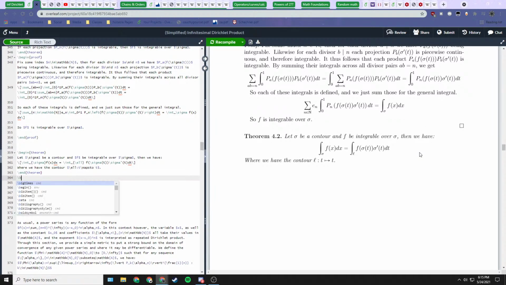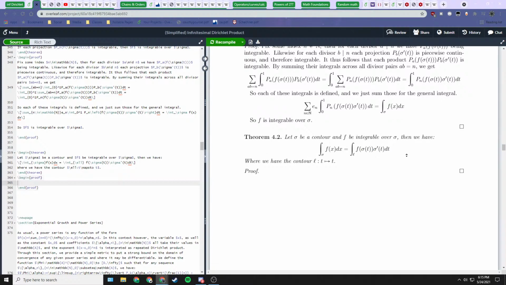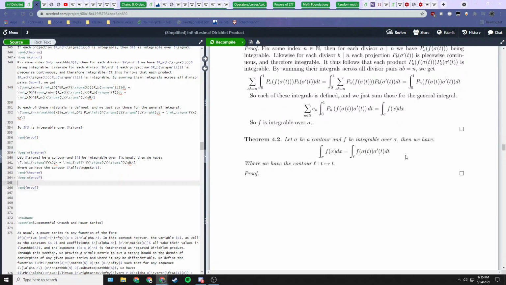Okay, so this hopefully should not be too complicated. Essentially, this is the substitution rule, more or less. What we want to do is compare these on all of the projections.